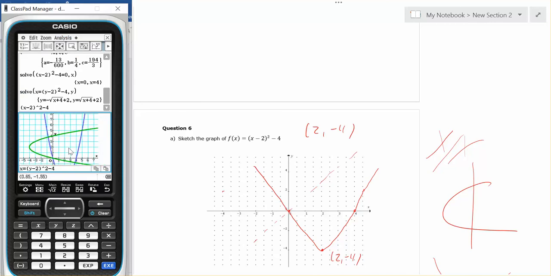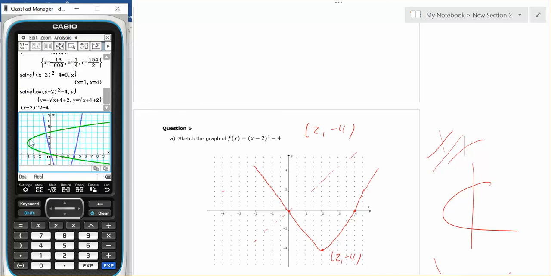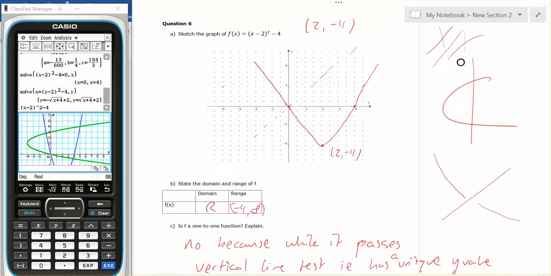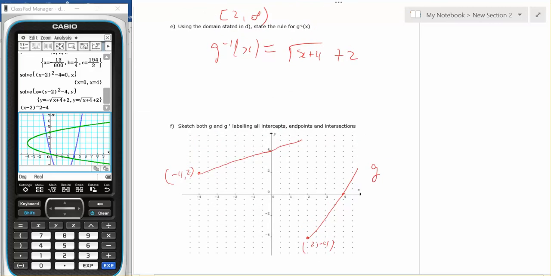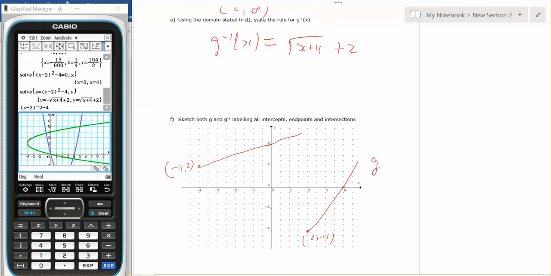The inverse for our section, which is this section, would correspond to here, so it will look something like that. But because our scale's not even, we're not going to get the same sort of shape, so just bear that in mind when drawing it.